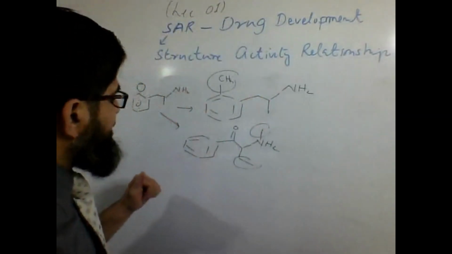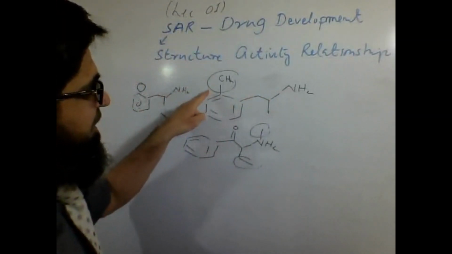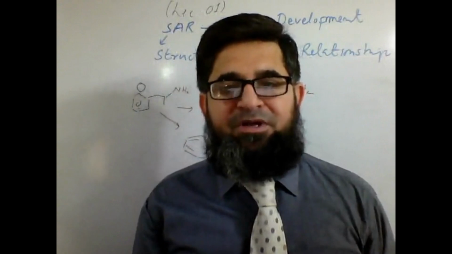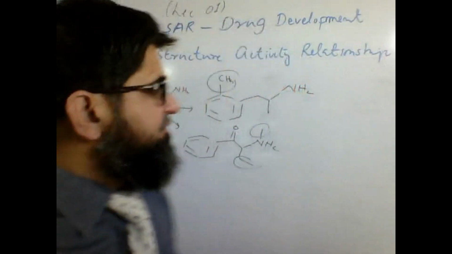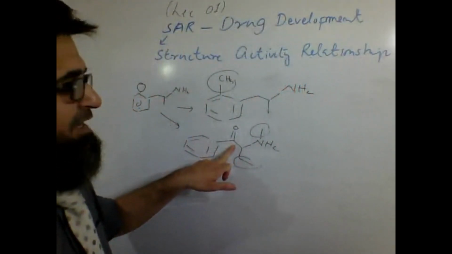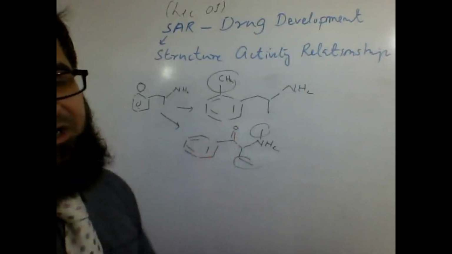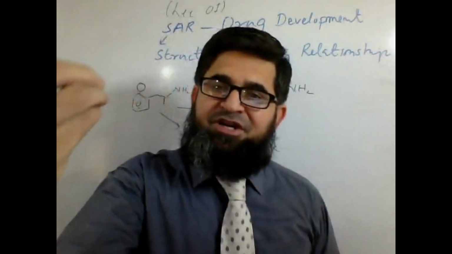Then when you want to introduce the methyl at meta or para position, what sort of reaction should be done, what will be the reagent, what will be the conditions. Similarly, if you are going to oxidize the benzylic carbon, to make it a carbonyl functionality, what sort of reaction has to be done?